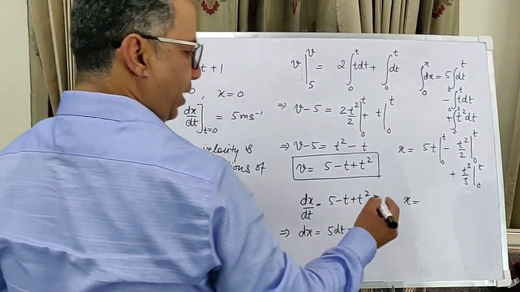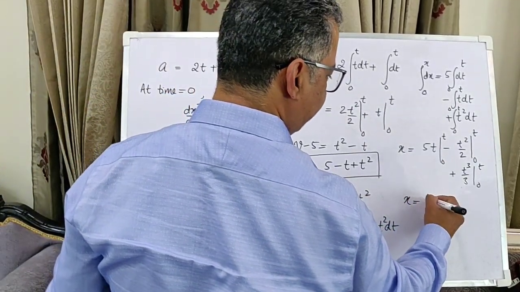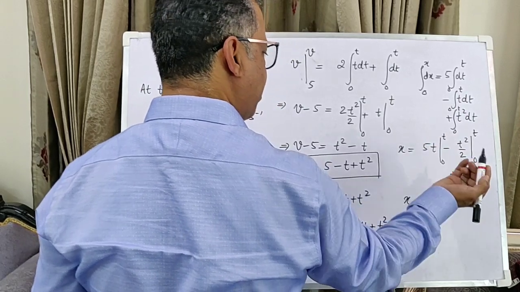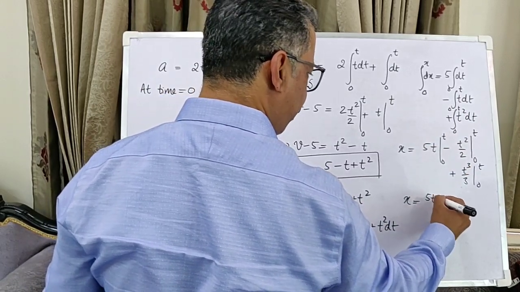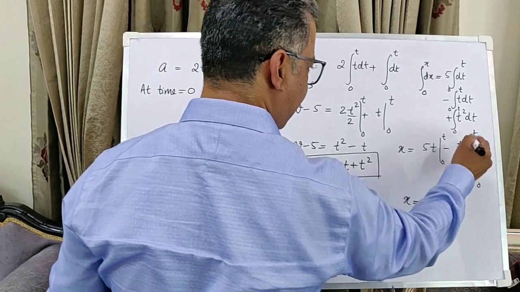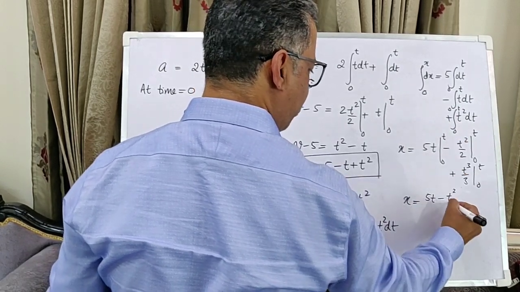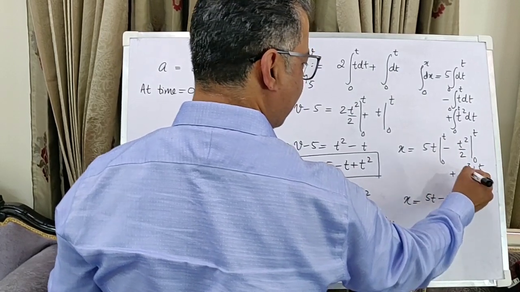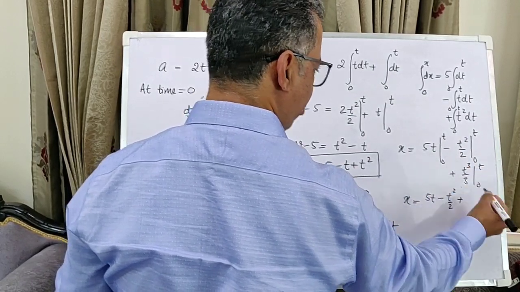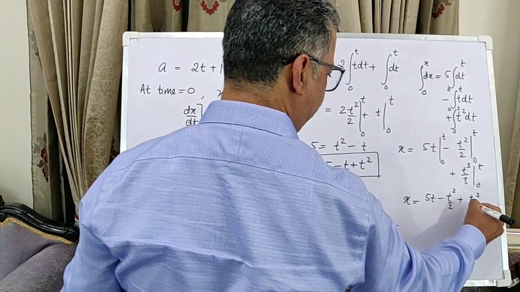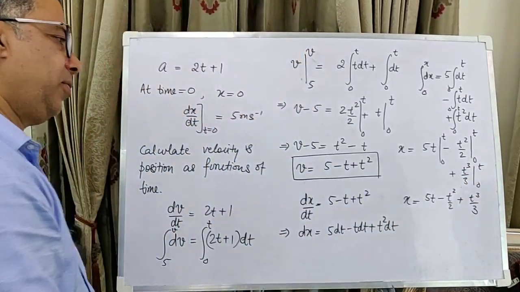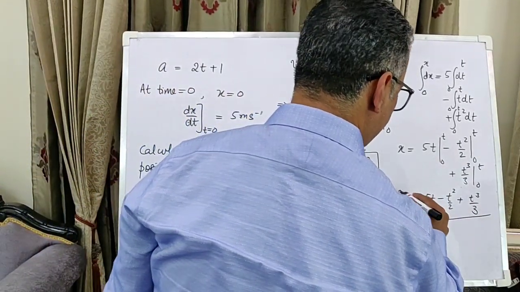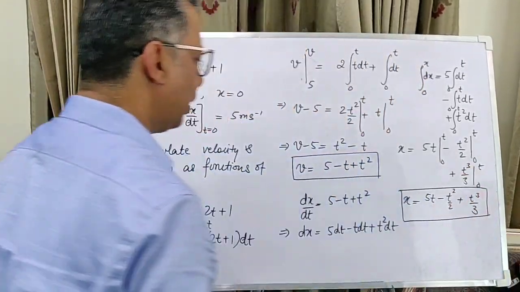So we now have x equal to 5. Now you substitute t in place of t, you get t. You substitute 0, you end up with 0. So you have 5t minus, again, t square by 2 minus 0 square by 2 plus t cube by 3 minus 0 cube by 3, that's t cube by 3. So you now also have the relation between x and t.